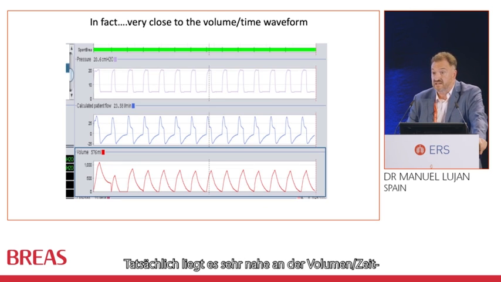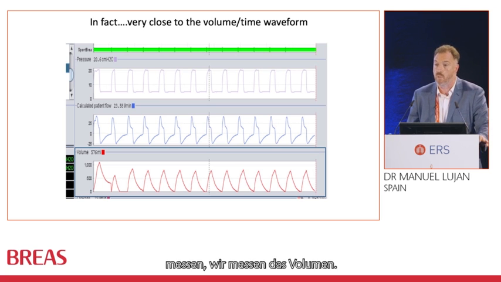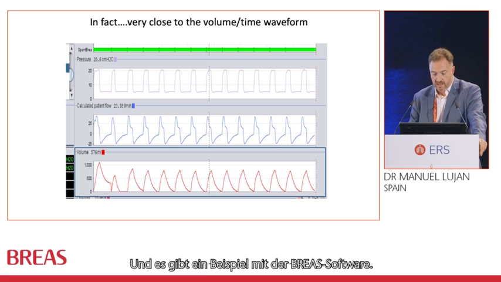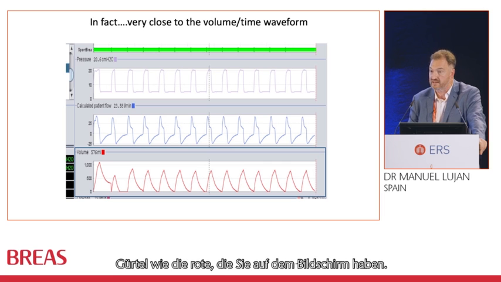In fact, it's very close to the volume-time waveform because we are measuring the same parameter, volume. And there is an example with the Breas software, and if you remember, the normal waveform of the belts is like the red one you have on the screen.